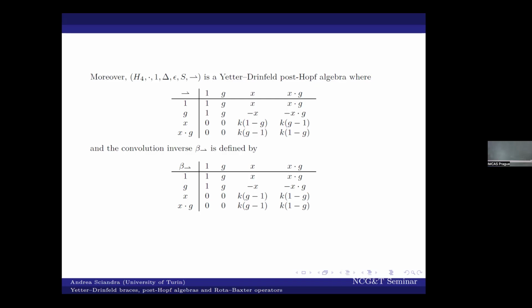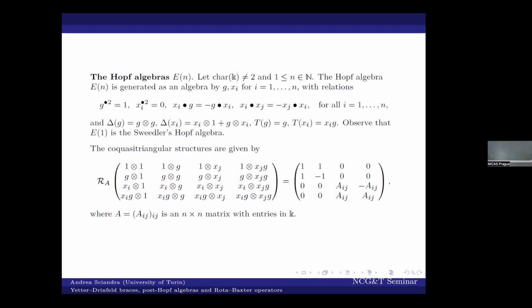So we can also generalize this example to the Hopf algebras En that are a generalization of the Sweedler algebra. When we start with a field of characteristic different from 2, we can define the Hopf algebra En in this way. We have an element G and n elements X, x1 till xn, with this relation: G square is 1, xi square is 0 for all i, xi and g anti-commute, and also xi and xj anti-commute for i different from j.